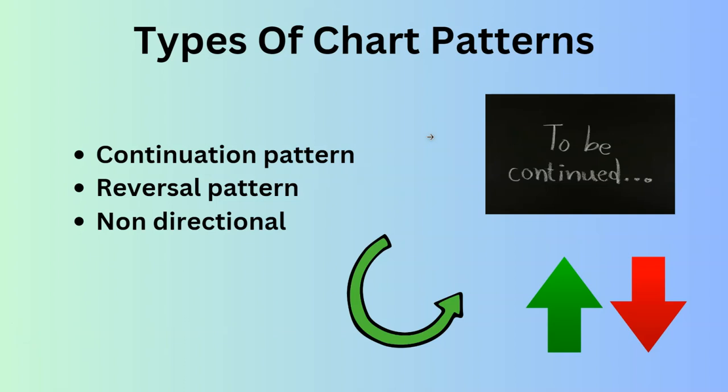Alright, I know you're probably impatient now to get into the different chart patterns, but before we go into it, let me show you the 3 types of chart patterns that I've discovered. First of all, you have the continuation pattern. The continuation pattern is something like, to be continued. Let's say you watch a movie and there's part 1, part 2, part 3.